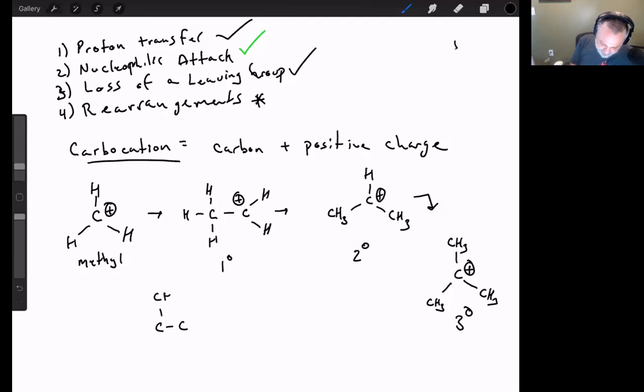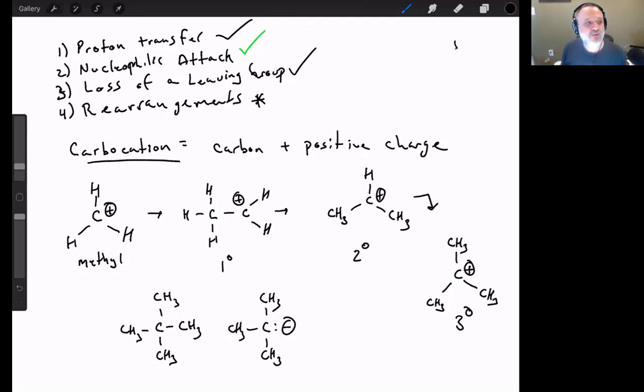If a carbon is bound to 4 other carbons, then it's not a cation, it's neutral, right? Not an anion, it's neutral. Now you could make it an anion if it had a lone pair of electrons, but it would be neutral if it were connected to 4 other carbons.